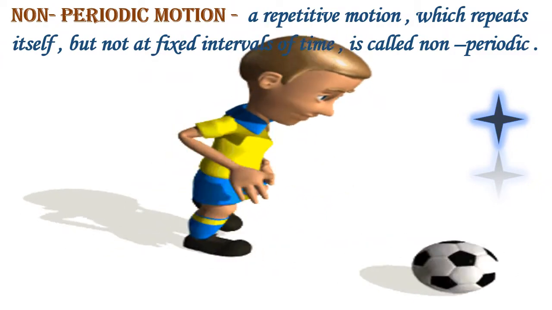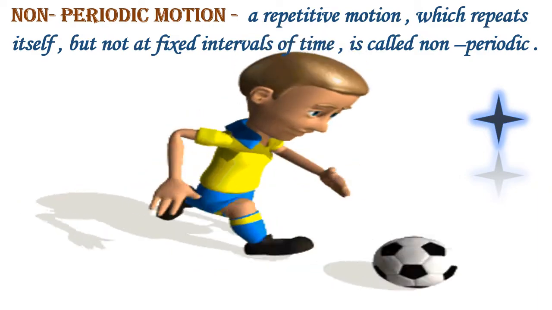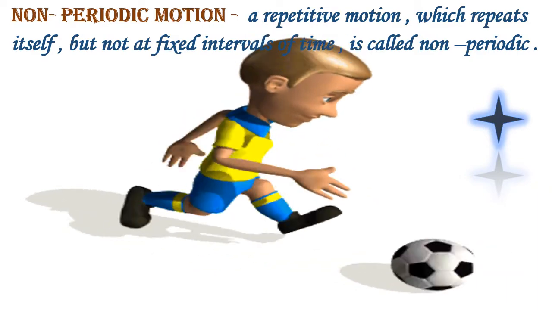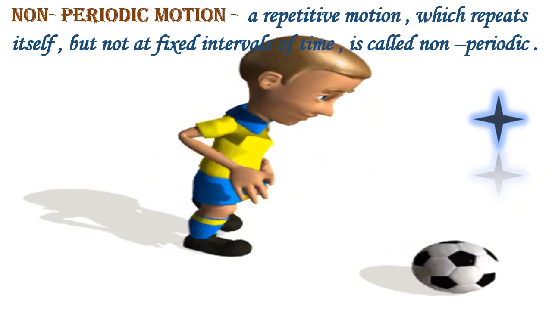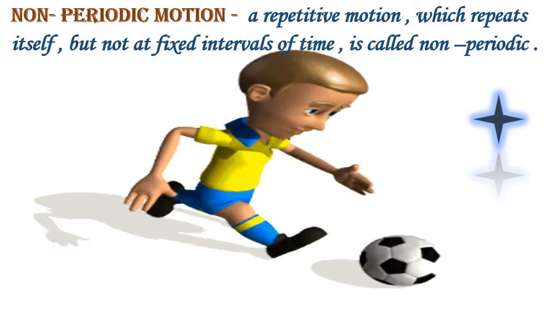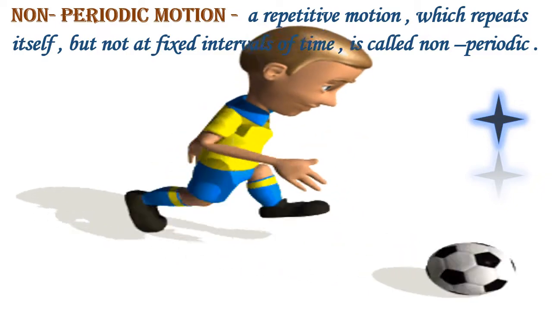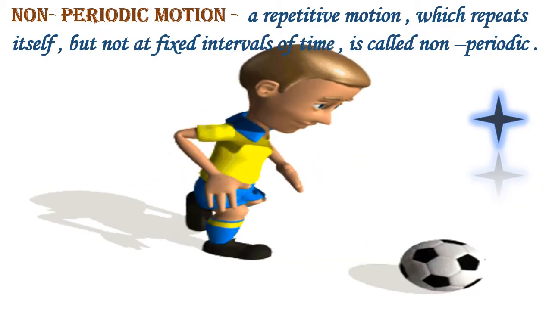Next is non-periodic motion. As the name suggests, non-periodic motion is just the opposite of periodic motion. We can define it as a repetitive motion which repeats itself but not at fixed intervals of time.